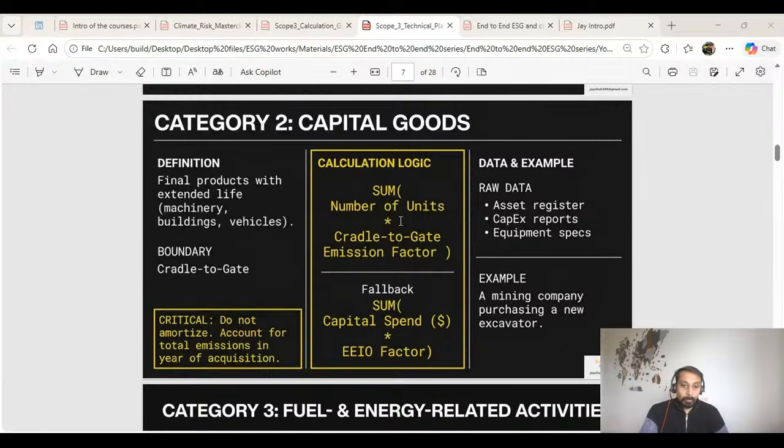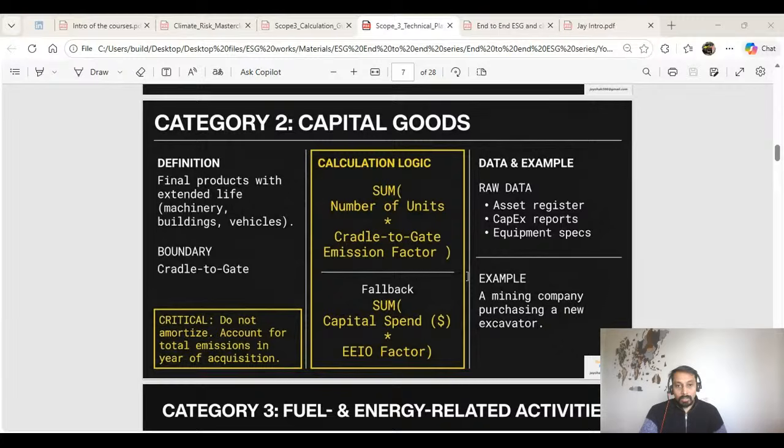The important accounting rule here is to record 100% of your emissions in the financial year of purchase, and you do not amortize over the asset lifetime. Every year you have to calculate category 2, and this aligns with the GHG Protocol and avoids double counting across the years.